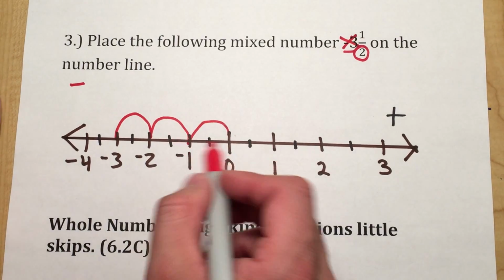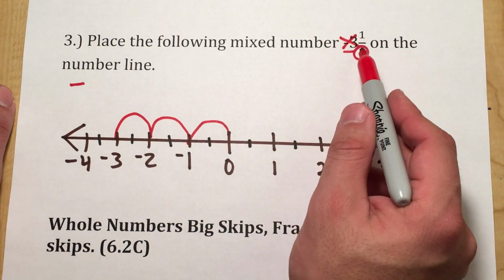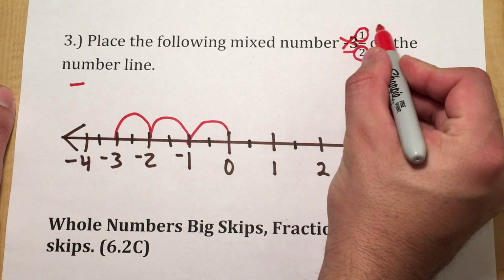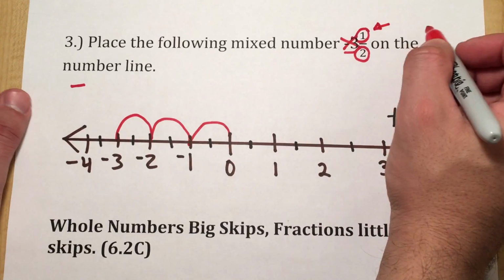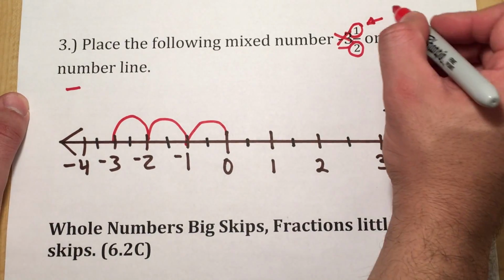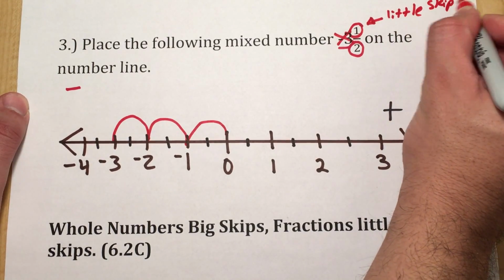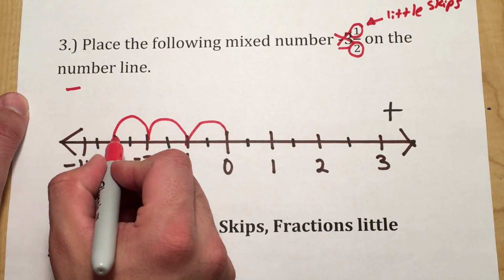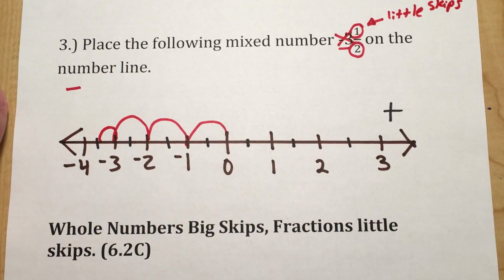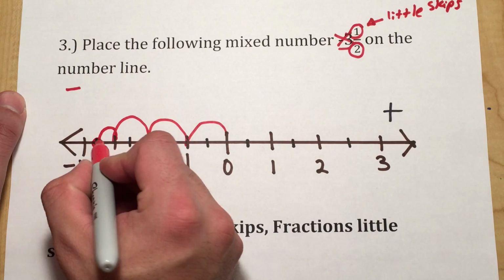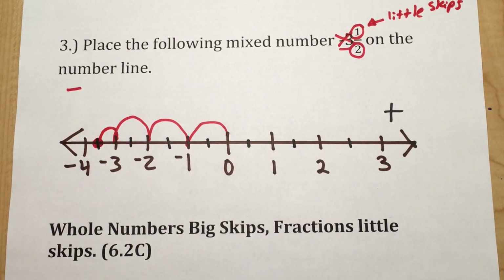But it's not -3, it's -3 and 1/2. You guys see this numerator here? This numerator is going to tell you how many little skips you're going to do. Since it is 1, that means we're going to do one little skip. So where will we put -3.5 on the number line? It would be right here, between -3 and -4.